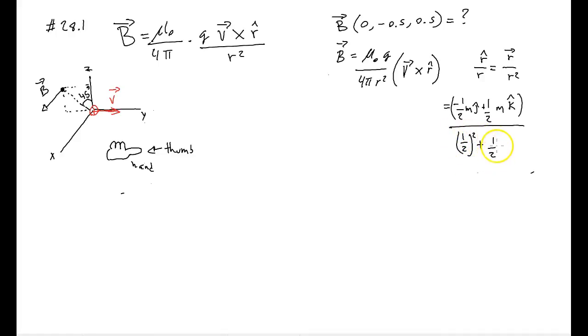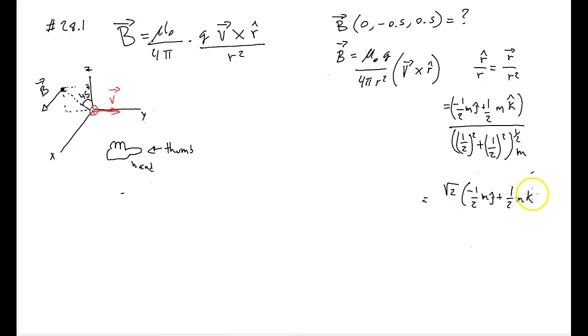So let's see, 1/2 squared is 1/4, 1/4 and 1/4 is 1/2. The square root of 1/2 will be 1 over the square root of 2. The square root of 2 comes up top, so we get square root of 2 times the quantity negative 1/2 meters j hat plus 1/2 meters k hat.